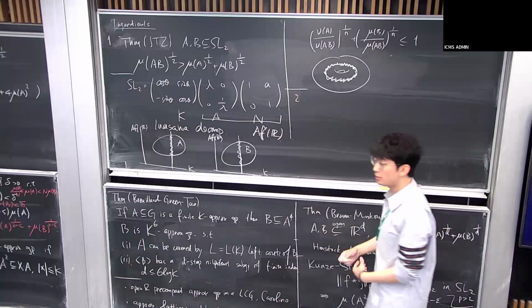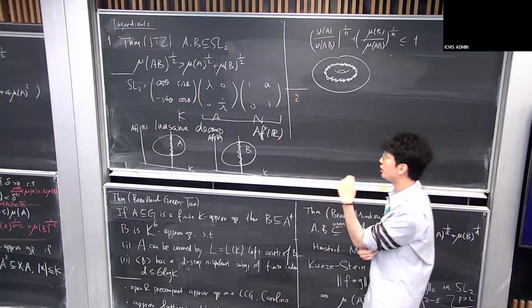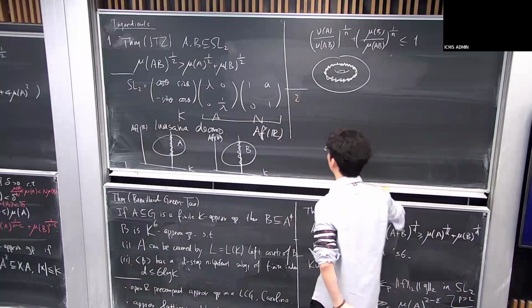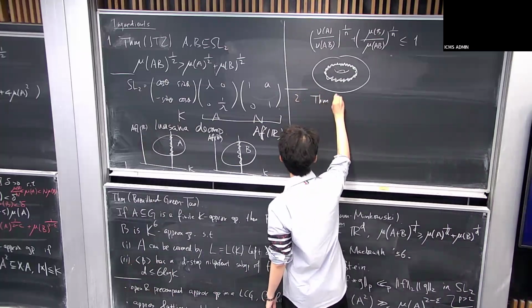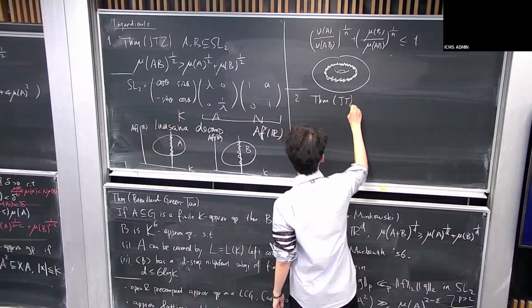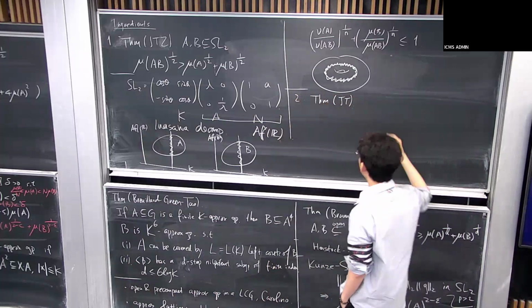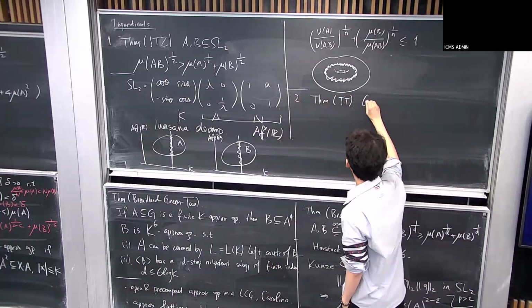It's an expansion gap type result discovered earlier by myself and Min. So it says any semi-simple Lie groups.